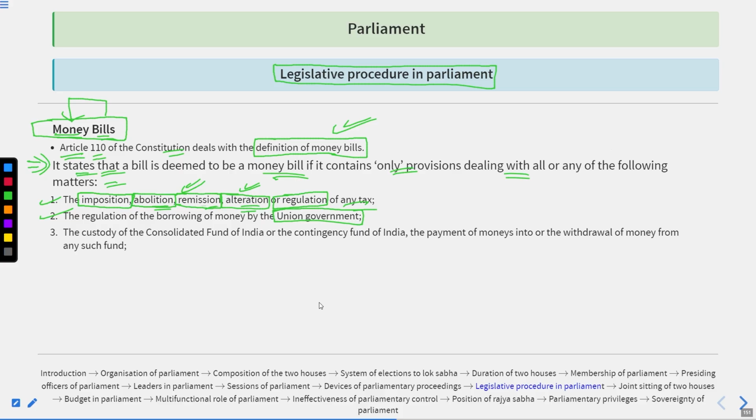So basically, if we talk about this, the union government is borrowing the money. Why? Because we know the government having the two main duties: spending the money in the economy, earning the money back from the economy. Okay? But generally, in the developing countries like India, what happens here? The government spends more and earns less.